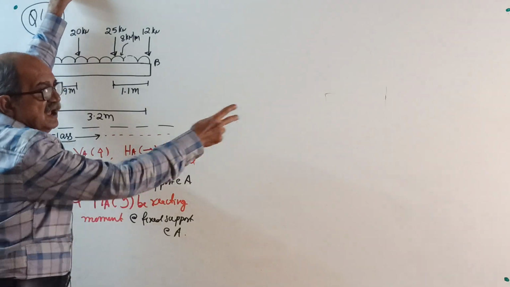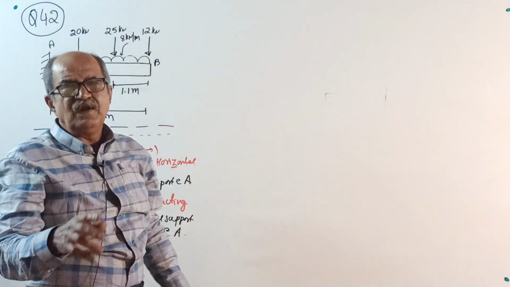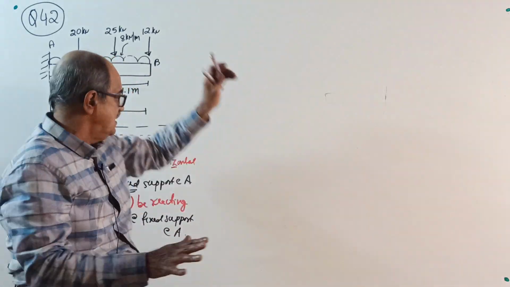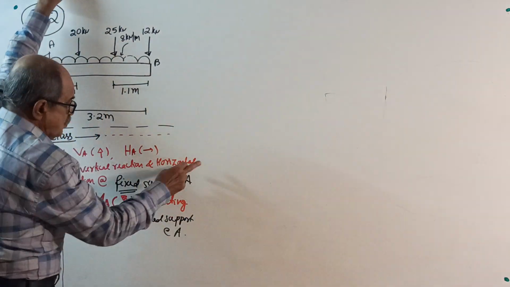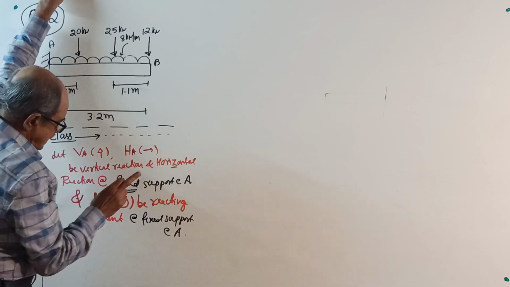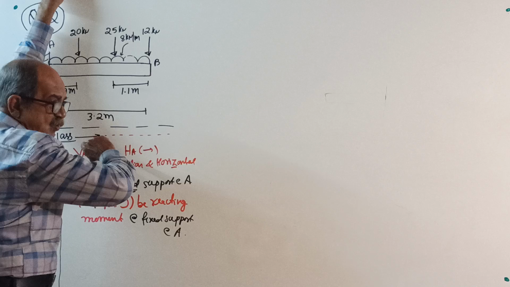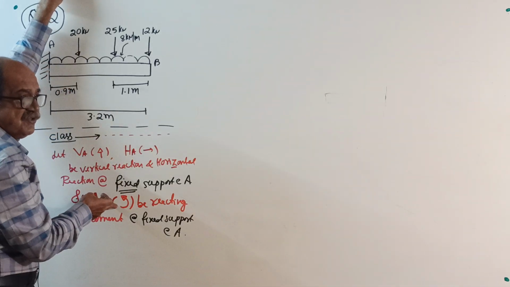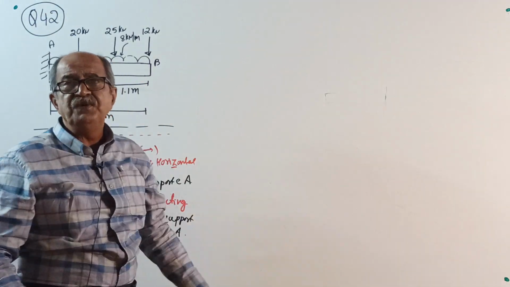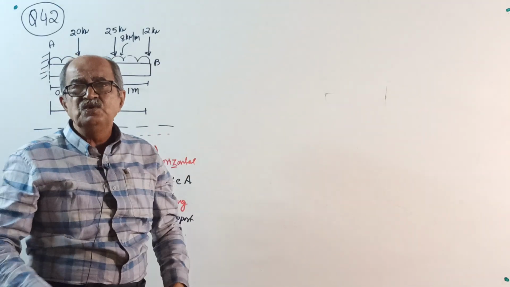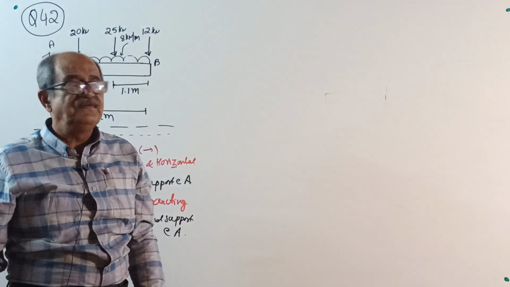Suppose when you take moment, you take either clockwise positive, anti-clockwise positive, it has nothing to do with the calculation. So, later, if you get MA positive sign, it means MA is anti-clockwise, same direction, what you assumed. By chance, if you get negative sign, it means assumed direction is wrong. So instead of anti-clockwise, it will be clockwise.